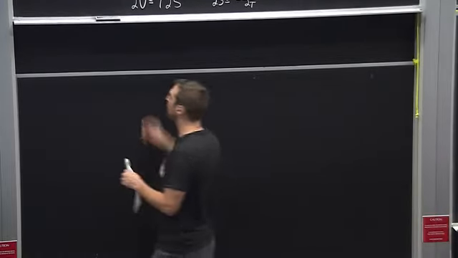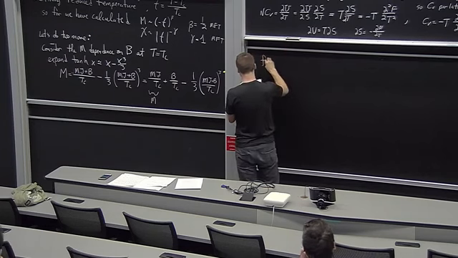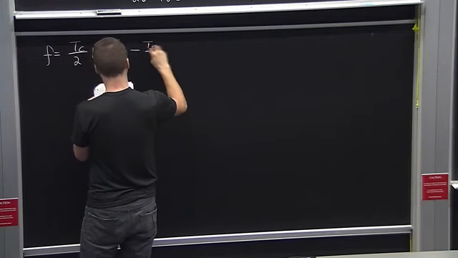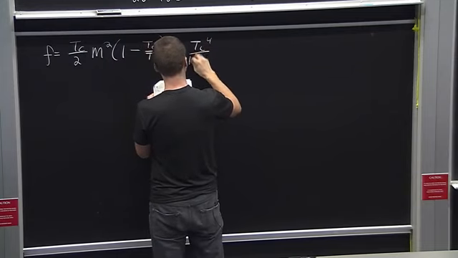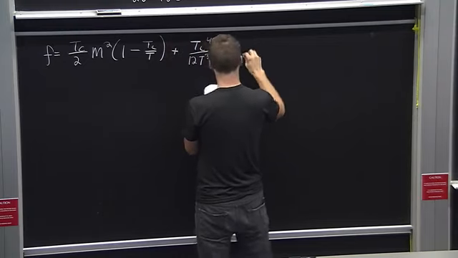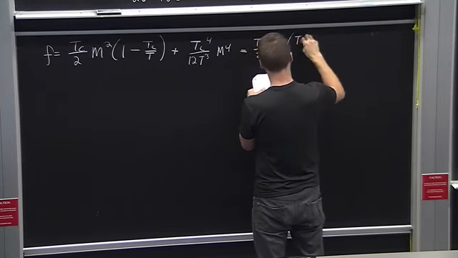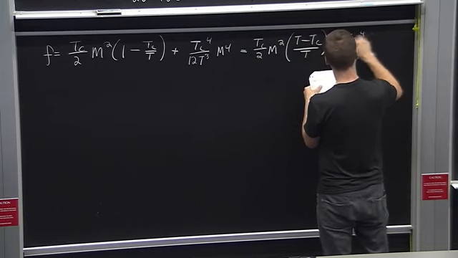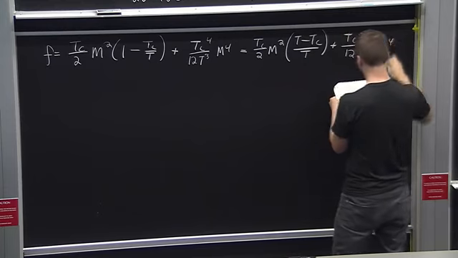So let's start from the free energy density. We're off the critical isotherm now. Of T cubed M4.